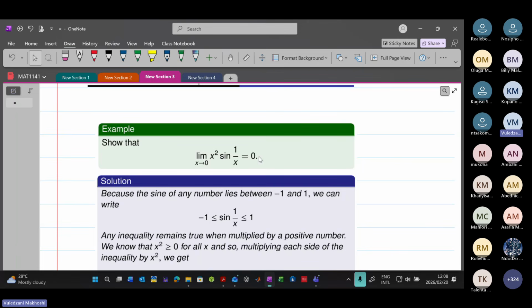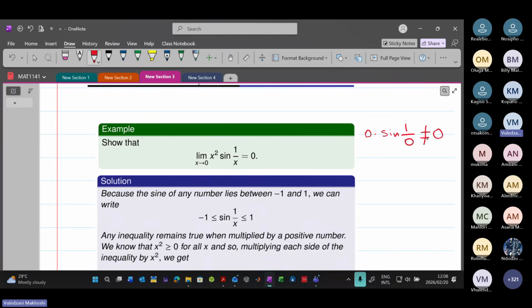So it is not just saying you take 0, you multiply by sine of 1 over 0, then you get 0. Because if you do direct substitution, it will make you think that 0 multiplied by sine of 1 over 0 is equal to 0.